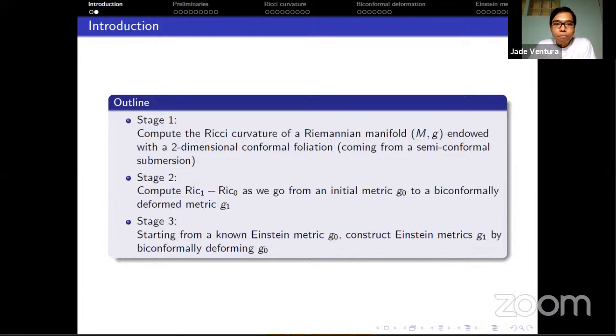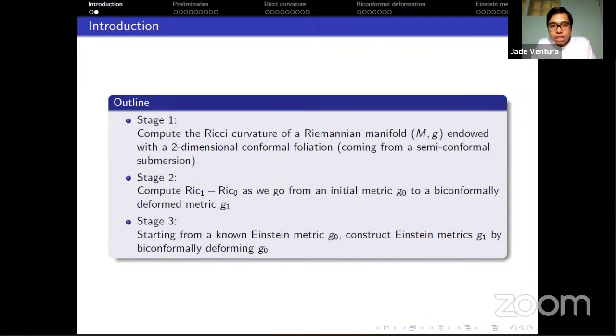The second stage is to compute the difference of Ricci curvatures. So we have an initial metric, G0, and then we biconformally deform it to obtain a new metric, G1. With G0 is associated Ric0, and with G1 is associated Ric1, and in this stage we simply compute the difference Ric1 minus Ric0.